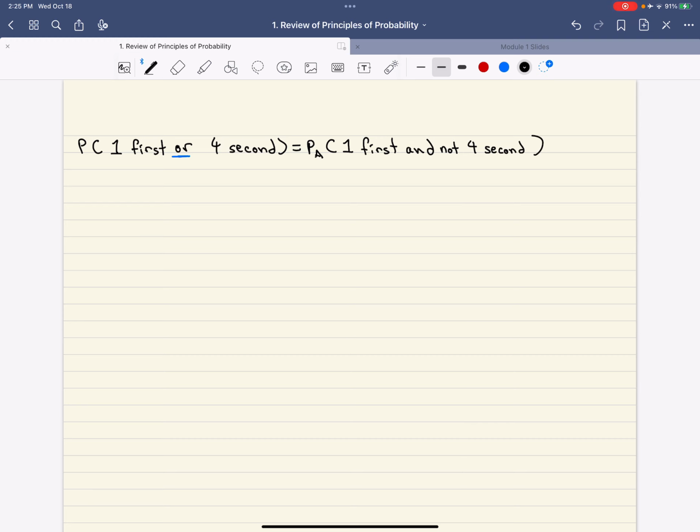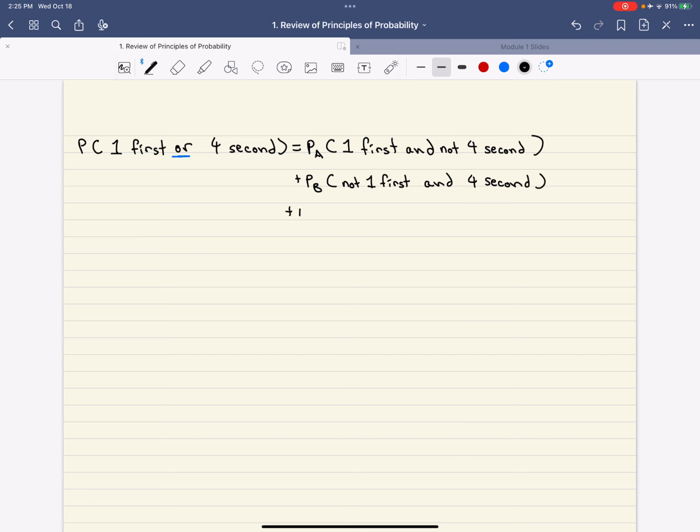Alright? The other outcome that would satisfy this relationship would be that in our first roll we do not get a 1, and on our second roll we get a 4. Right? That would still satisfy that relationship.